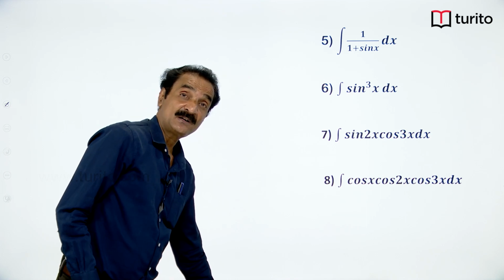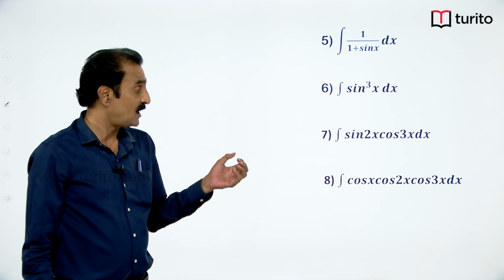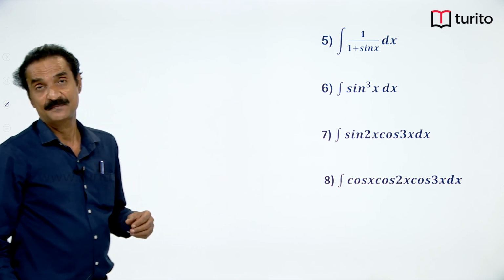This time it is a product of three functions, cos x into cos 2x into cos 3x.